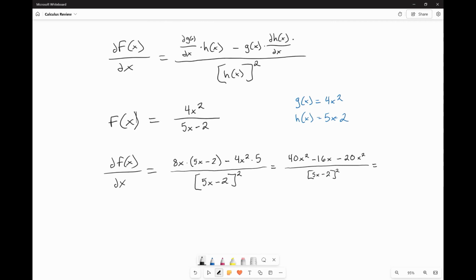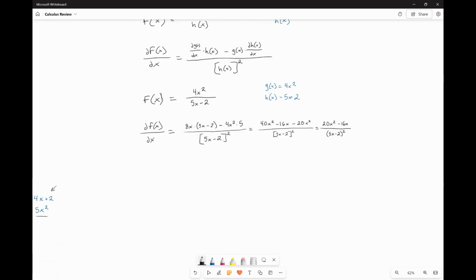And we can simplify that one more step: 20x squared minus 16x divided by 5x minus 2 squared. You notice here I switched from brackets to parentheses. There's actually no difference there. So there we have it. That is using the quotient rule to take the derivative.